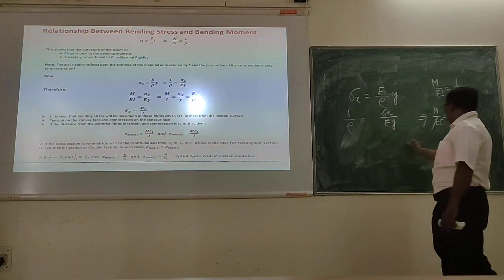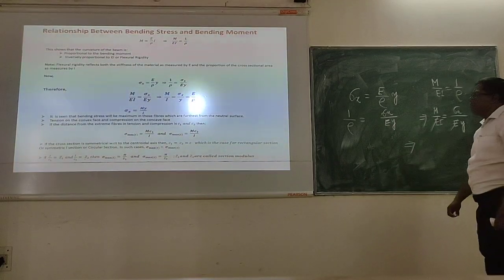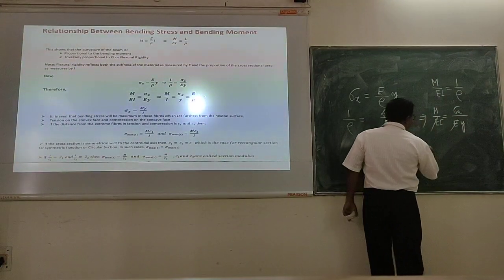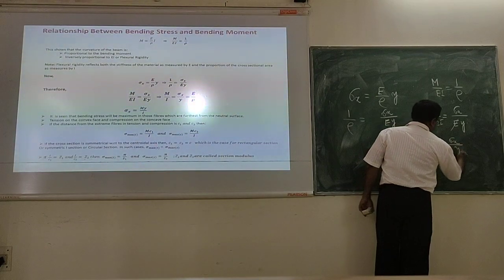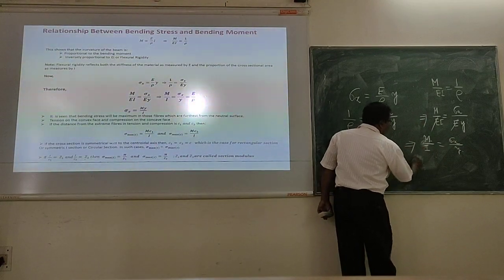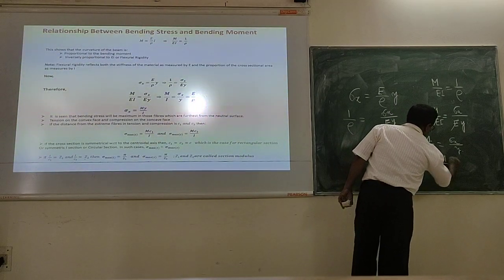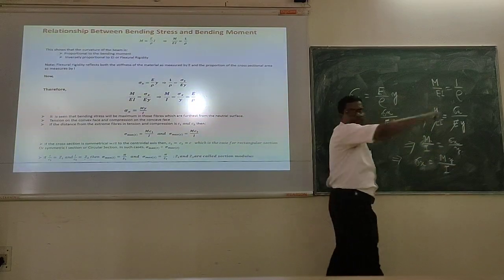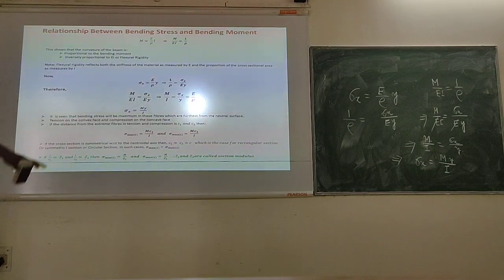So from this you get M by I equal to sigma x by y, or I can write sigma x equal to M into y by I. Is it clear? Sigma x equal to M into y by I. Have you understood? So this is the bending stress.